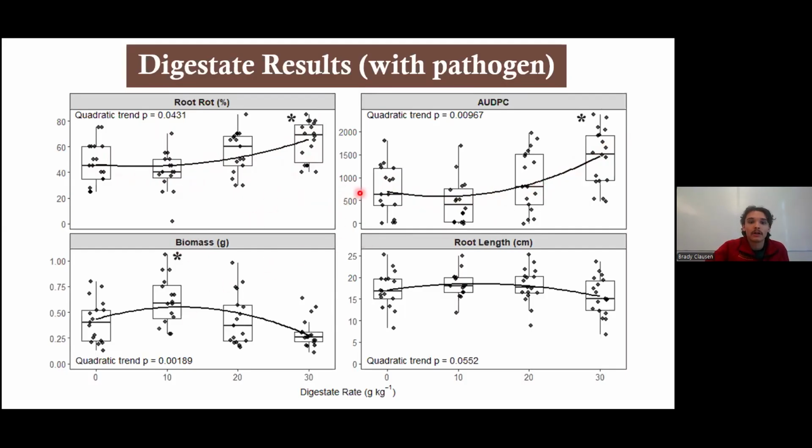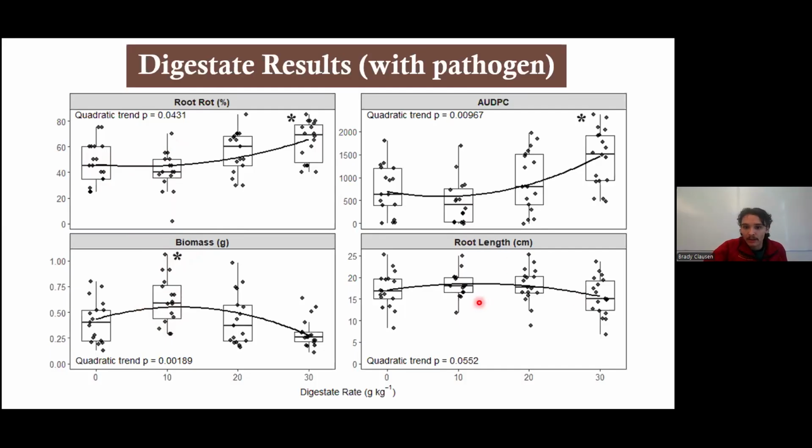And it even shows up in the plant growth metrics we measured. Not only did we see that dip of root rot up here in the top left at 10 grams per kilogram, which was not statistically different from the control, but we do see an enhancement of biomass from that treatment. So no reduction in root rot, but we do see more biomass there.